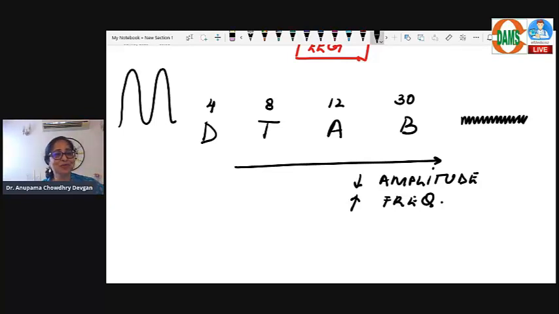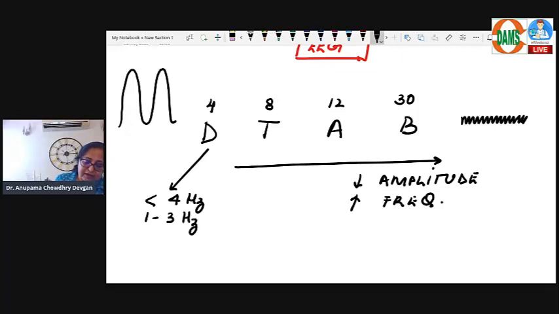This is your new table of 4: 4, 8, 12 and 30. So what is the frequency? Delta has a frequency of less than 4 hertz, 1 to 3 hertz.